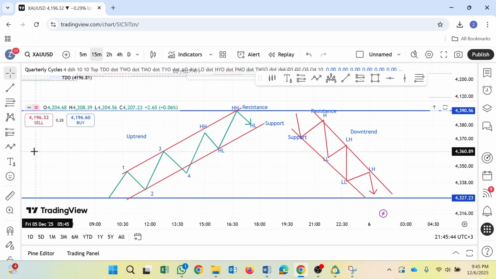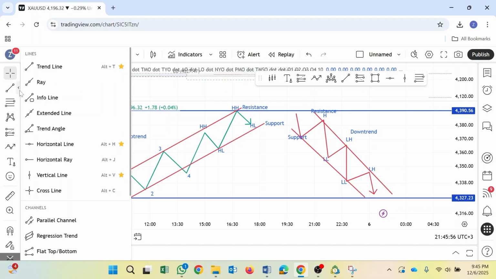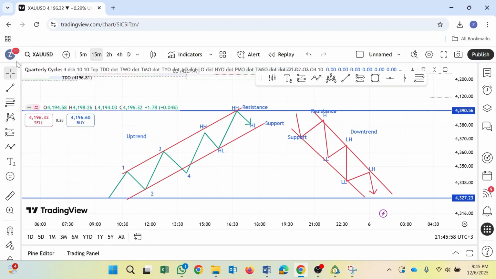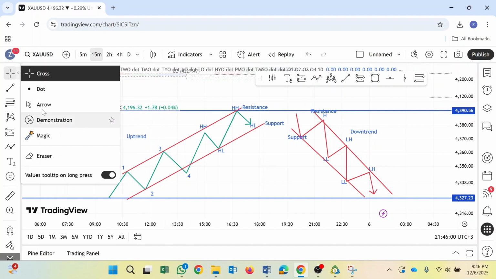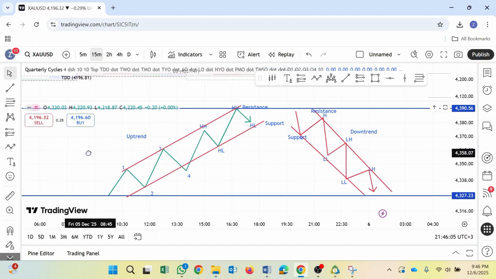Let me put an arrow here. Let me see whether I can get an arrow here. We get an arrow. Let me see where I can get an arrow. Yes. Where are you going?